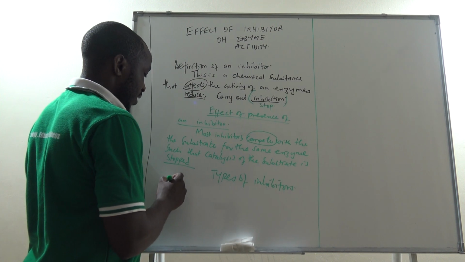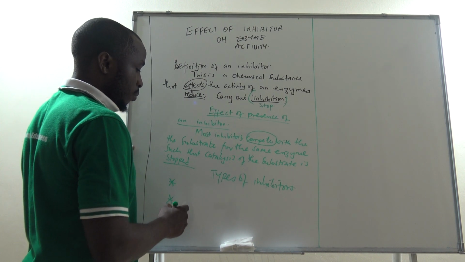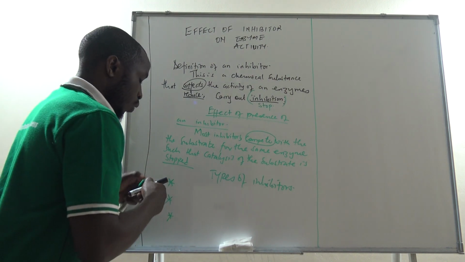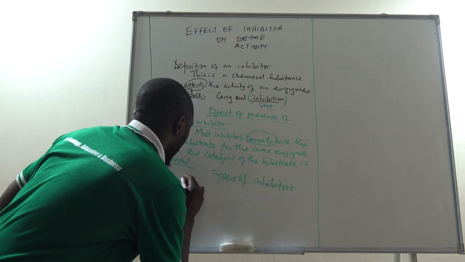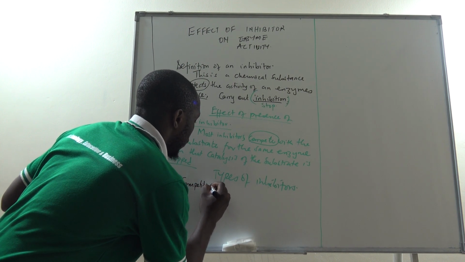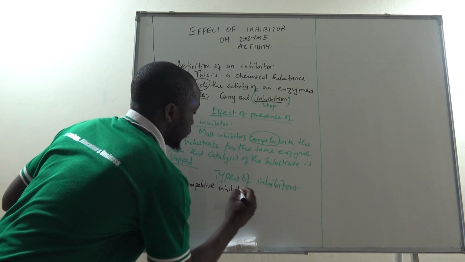Let's go ahead and see the types of inhibitors. We shall largely take 3 types of inhibitors. The first one we term competitive inhibitors.